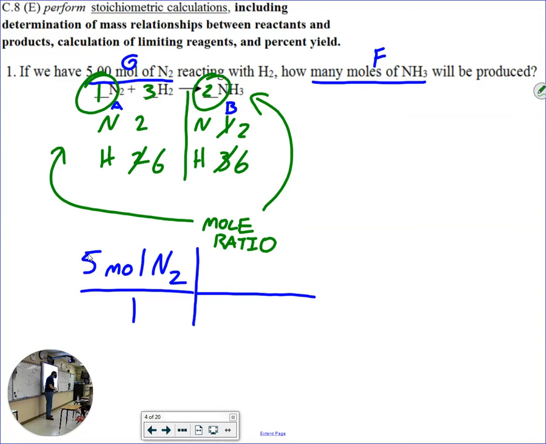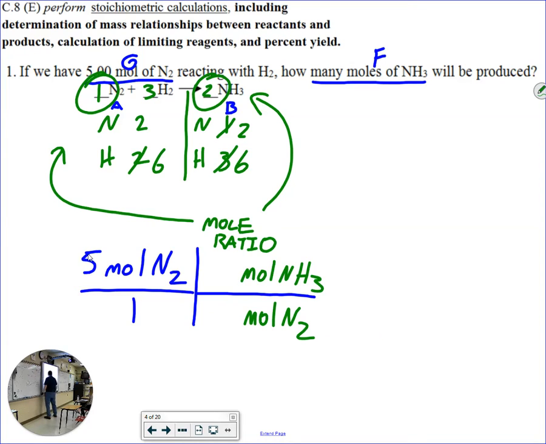Now, you already know which one's going to go on the bottom. What do we have on the top? Moles of N2. So since we have moles of N2 on top, where does it go in the next step? To the bottom. So on the bottom I'm going to have moles of N2, and on the top I'm going to have moles of NH3.